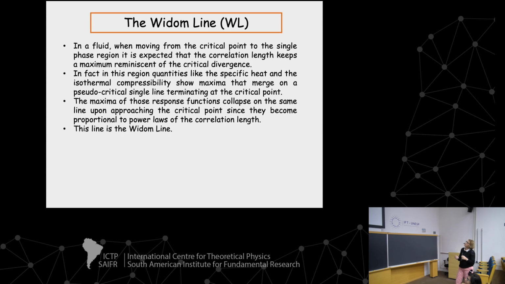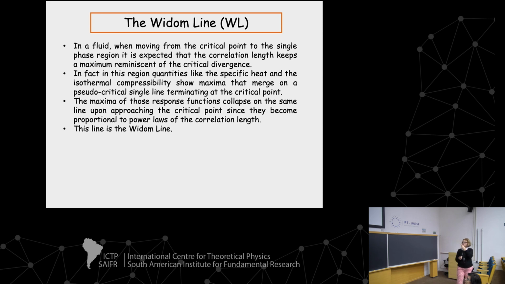So in this region, since the correlation length is diverging, quantities like specific heat and isothermal compressibility show maxima, and these maxima merge on a pseudo-critical single line that terminates at the critical point. And so it means that you can use the specific heat and the isothermal compressibility as proxy for the Widom line. Instead of calculating the correlation length, which is a bit more complicated, you can do it from the structure factor, you can also calculate the specific heat.